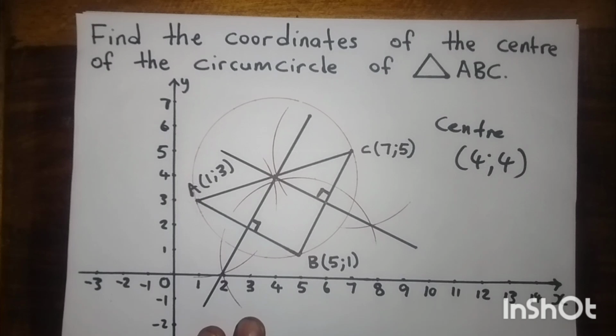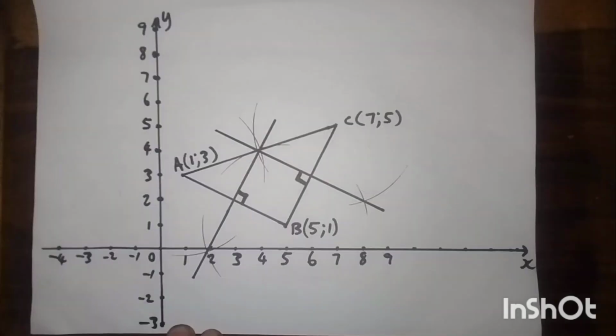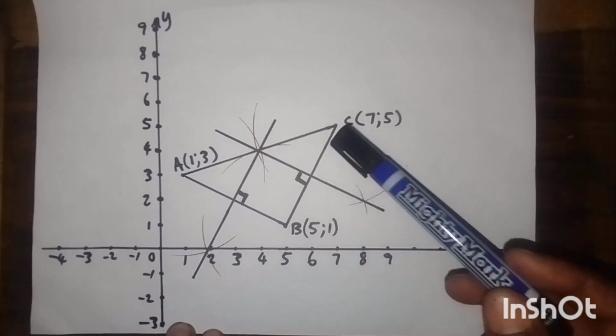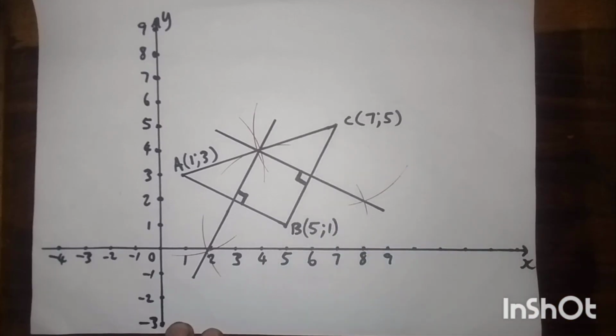Okay, so let's proceed. I want to show you how to use simultaneous equations to find the center of the circle. For me to use simultaneous equations to find the center of the circle, first of all, I must find the gradient of the line AB and then the gradient of the line BC, which are my chords after drawing the circumcircle, okay? So gradient of AB, I'm going to use the formula m equals increase in y over increase in x.